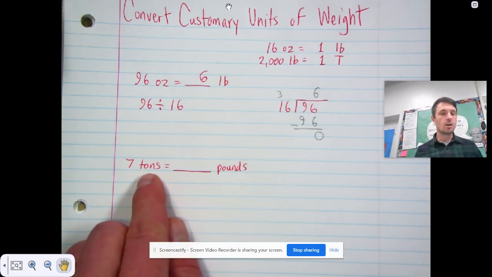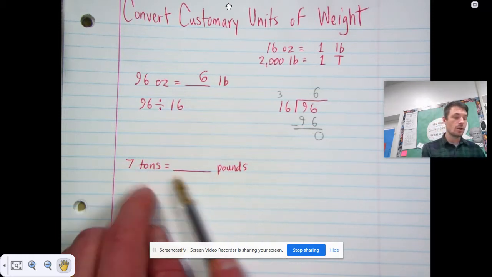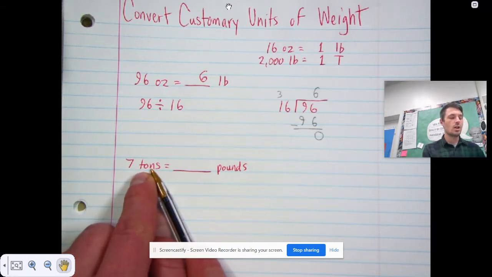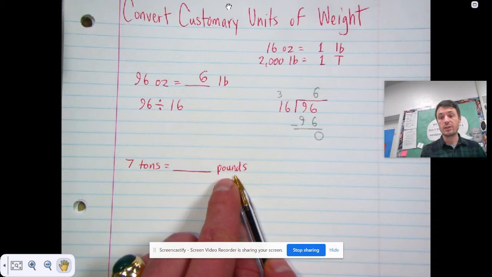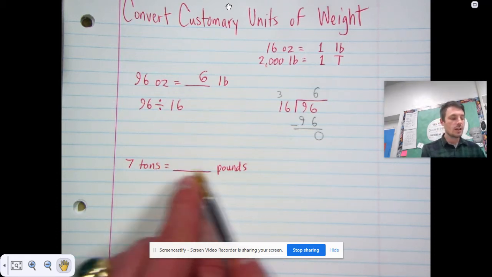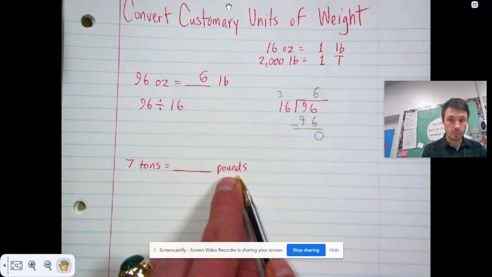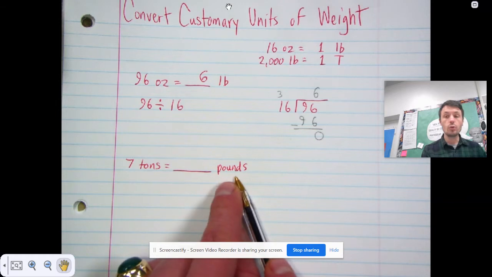So we have this unit of measurement in tons. It's 7 tons. We're trying to see how many pounds are in 7 tons. We're trying to change this measurement from the unit of tons to the unit of pounds. That means we're doing a conversion. We're converting from tons to pounds. Tons are bigger than pounds, so we're going from a larger unit to a smaller unit, from tons to pounds.